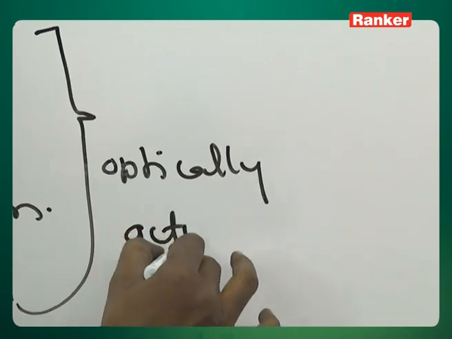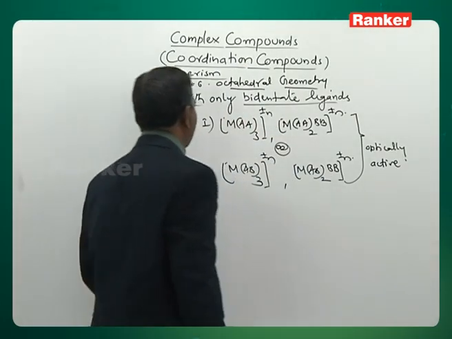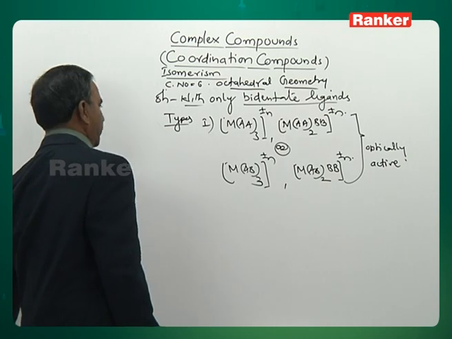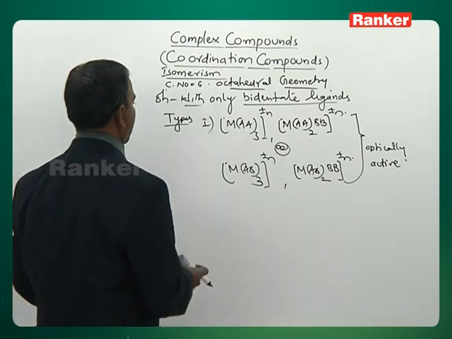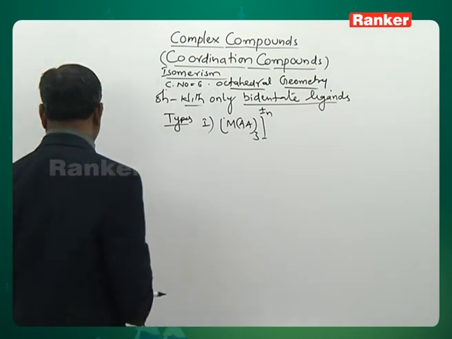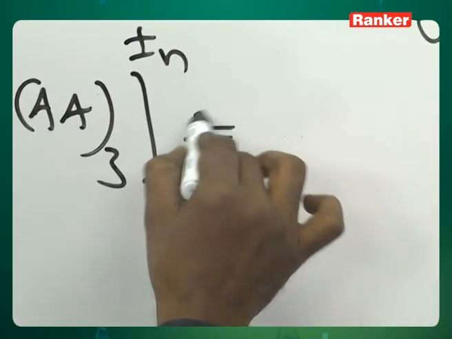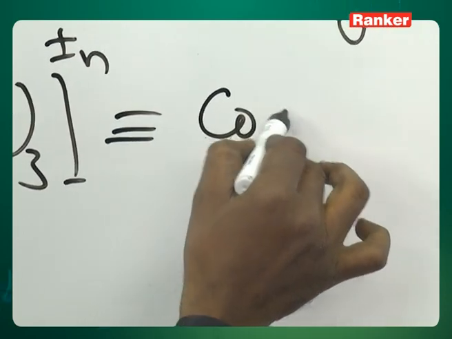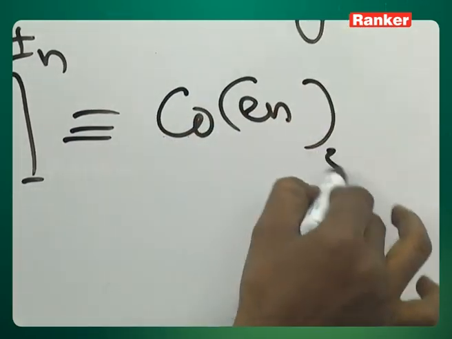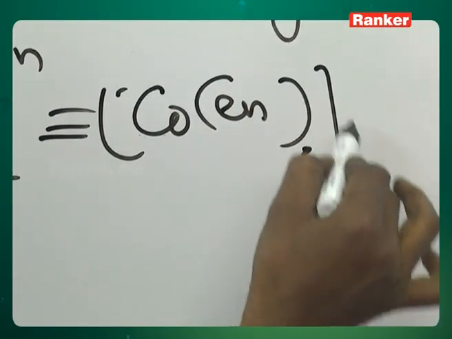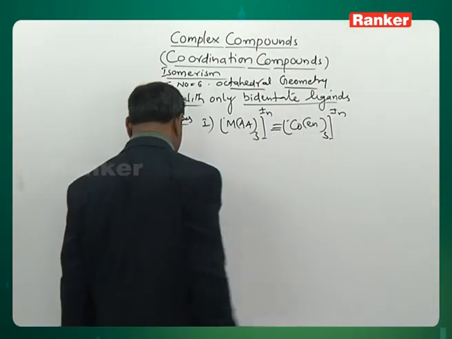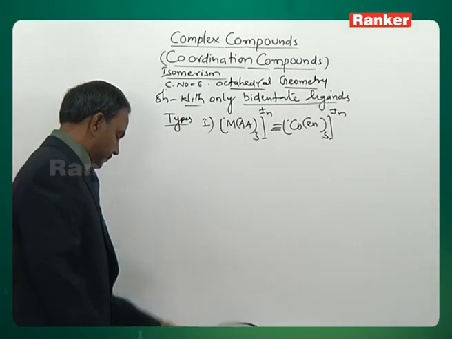Let us take this particular first one, MAA taken thrice. Let us see what is the real example under this. Now we take Co(en) taken thrice, plus or minus N.